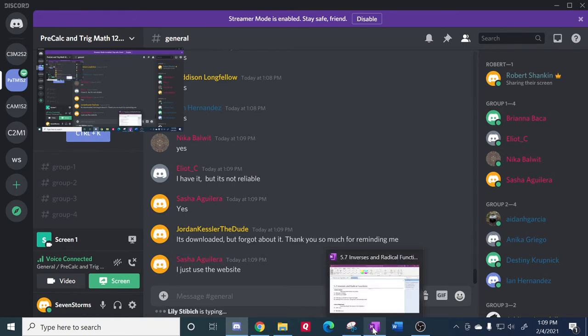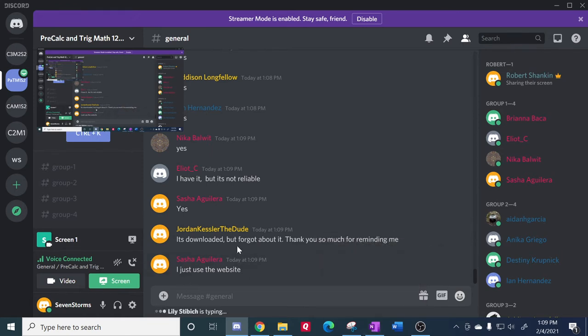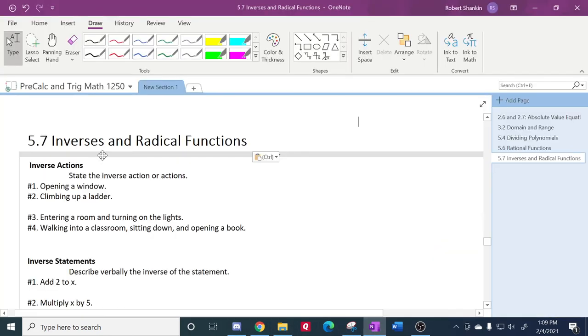Okay. All right. The other thing is, this is inverses and radical functions. If there's a number of you who had me as your instructor in college algebra, we had the topic inverses, and I'm going to use a lot of the same material. This will be a really nice opportunity for you to go deeper into the material than what we did before.